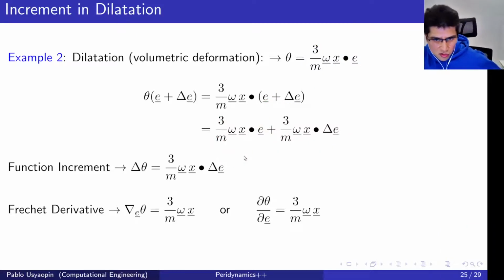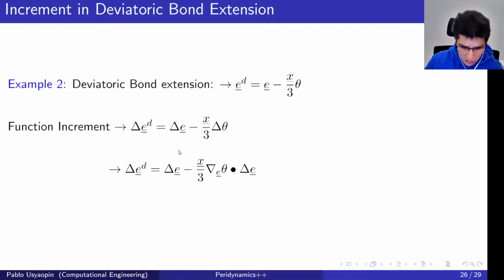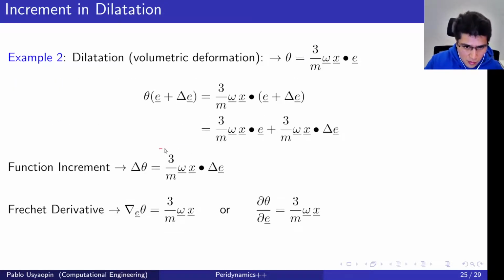I had some issues with the camera, but now everything is solved. So we were saying that in this case, this here is called the Frechet derivative. And why is this the Frechet?